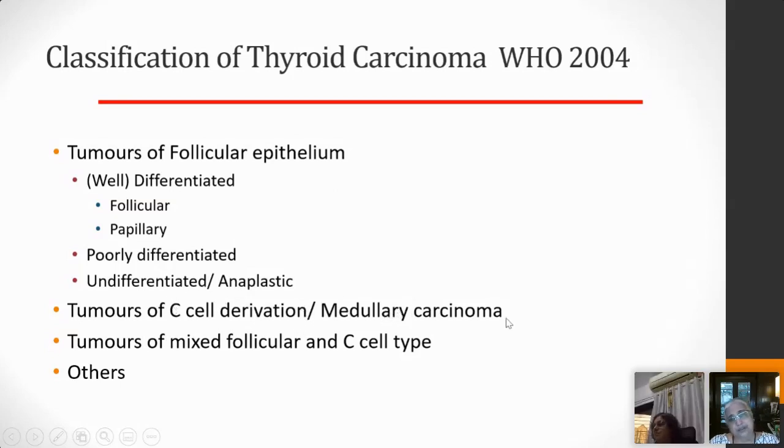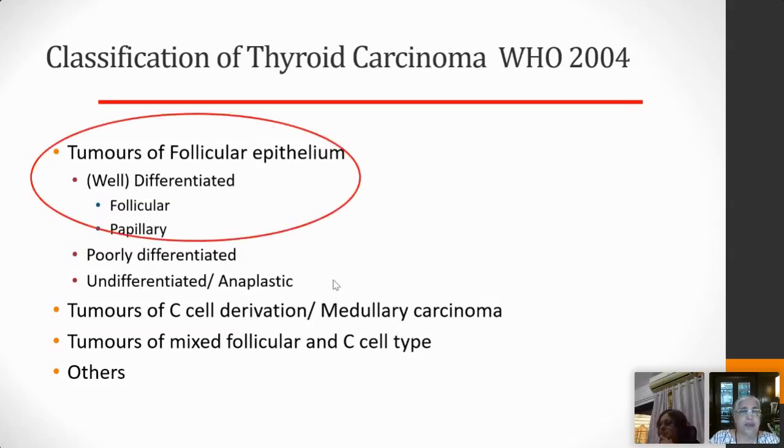Those are the medullary carcinomas, and sometimes you have other neuroendocrine tumors in the thyroid. And then of course you have mixed follicular and C-cell types. But please, this follicular epithelium is the epithelium that lines the follicles, and should be distinguished from when we talk about follicular tumors. The follicular epithelium gives rise to both follicular and papillary tumors, also poorly differentiated, and anaplastic tumors.